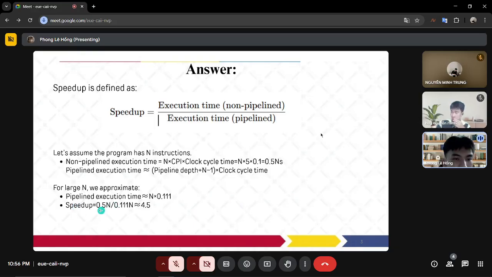The speedup is equal to 0.5n divided by 0.111n, which equals 4.5.